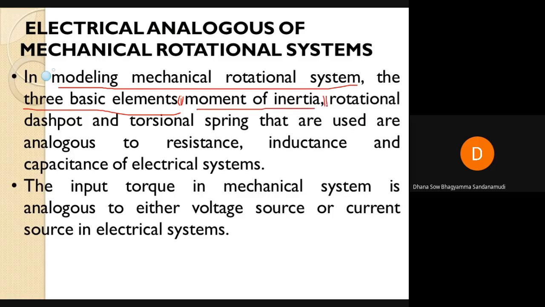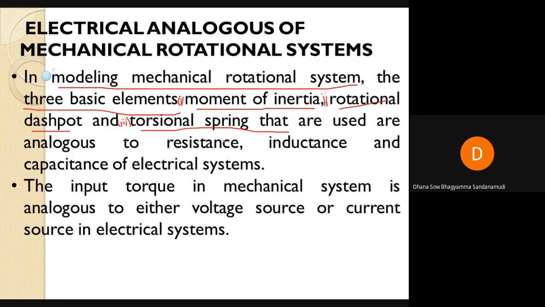Number two, dashpot. Number three, the torsional spring. So these three elements are to be considered while modeling the mechanical rotational system: moment of inertia, dashpot, and the spring.